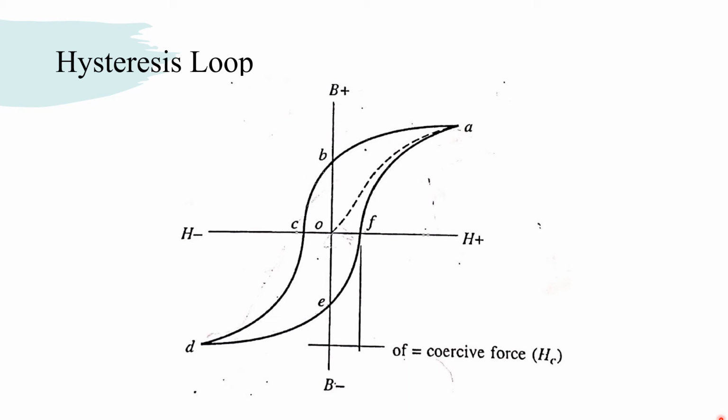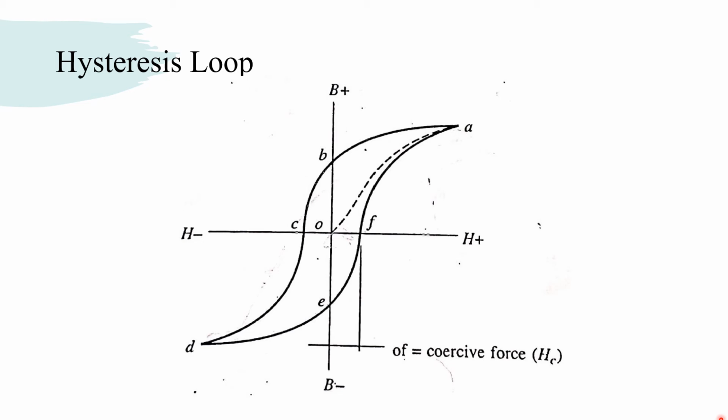At point A, almost all of the magnetic domains are aligned, and an additional increase in the magnetizing force will produce very little increase in magnetic flux. The material has reached the point of magnetic saturation.